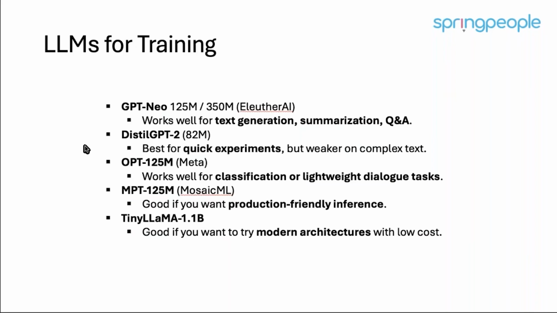Okay, and then you have DistilGPT. You have something from Meta, and MosaicML, which is nothing but Databricks. If you look at these models, some are good for text generation, summarization, or quick experimentation. If you want to try some classification, etc., then this is the model that you want to use. And if you want to see some production-friendly inferences, these.